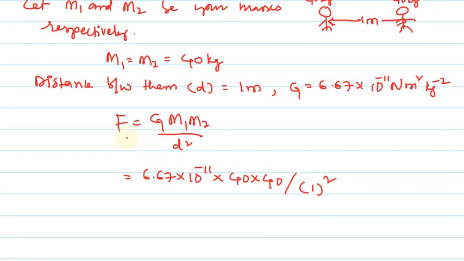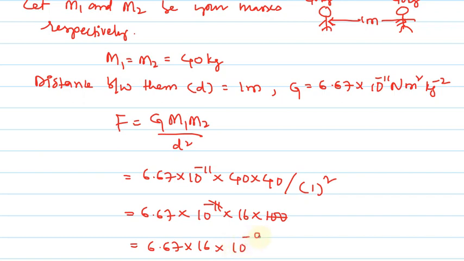When we simplify this, we can write this as 6.67 into 10 to the power minus 11 into 4 into 4, 16 into 100. So we can cancel these two zeros, and divided by 1 square is 1, something by 1 is something. So we can write this as 6.67 into 16 into 10 to the power minus 9 newtons.